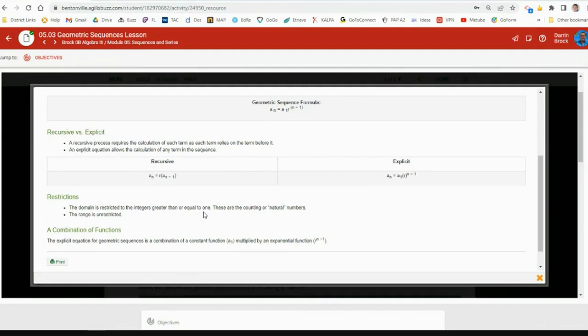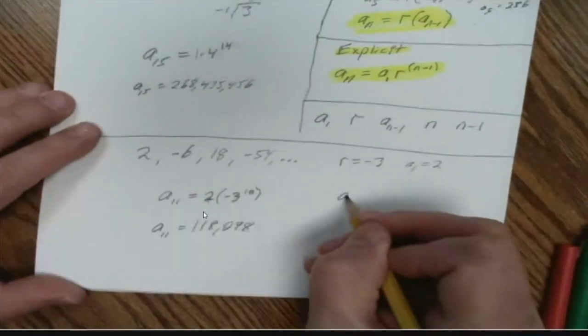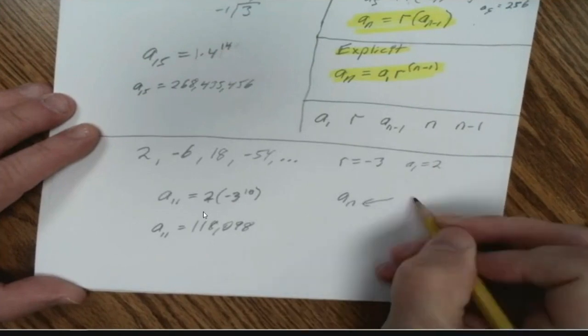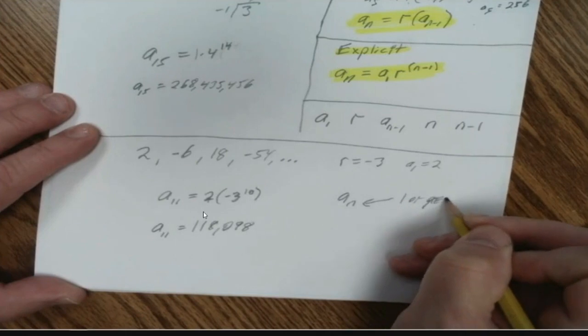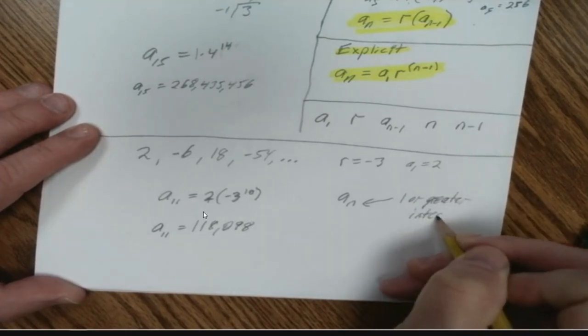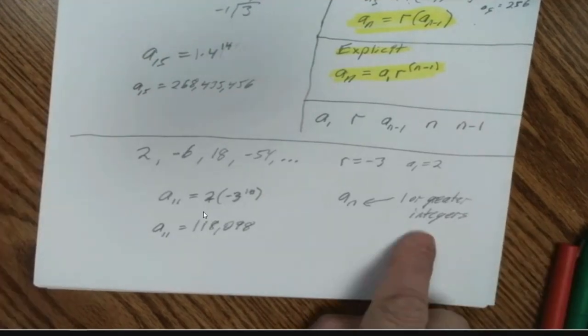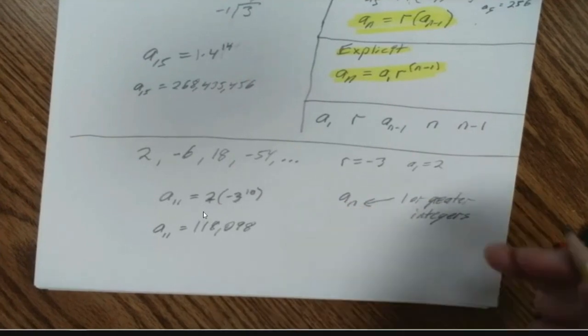When we have the domain, we're talking about the n's, right? N's, a sub n. This has to be 1 or greater. We can't find the 0th term. It has to be an integer. We can't find the 1.6 term. So we're limited on our domain.